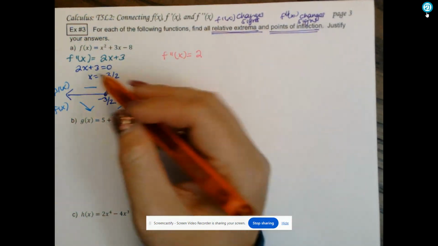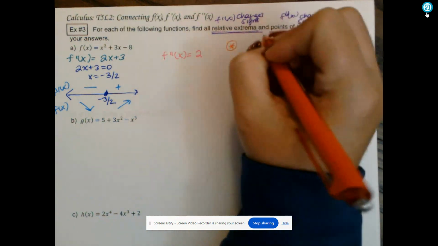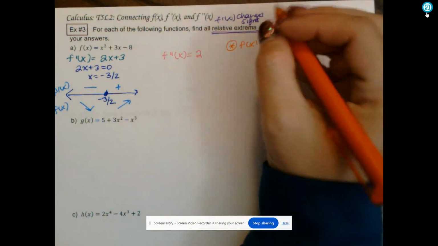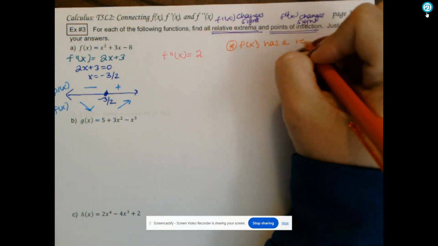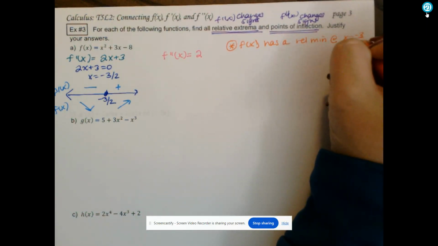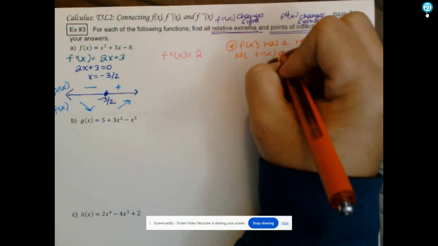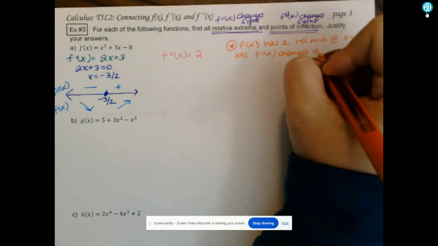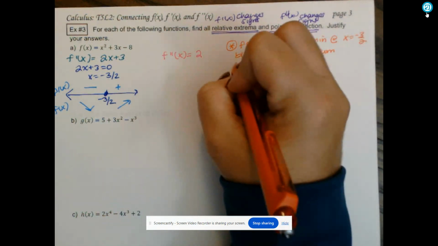So we've got our sign analysis here, so we can go ahead and say that we have a relative min at x equals negative 3 over 2 because f prime of x changes from negative to positive.